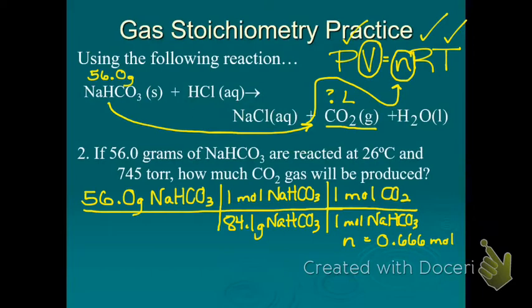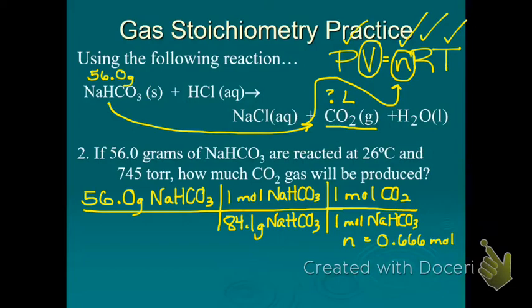Okay, so now I'm going to put a check mark over that little n. Now I have moles. Now if you're wondering, well, why didn't you just keep going with your stoichiometry and just use 22.4? I can't because I'm not at STP. You can only use that conversion factor if you're at STP.